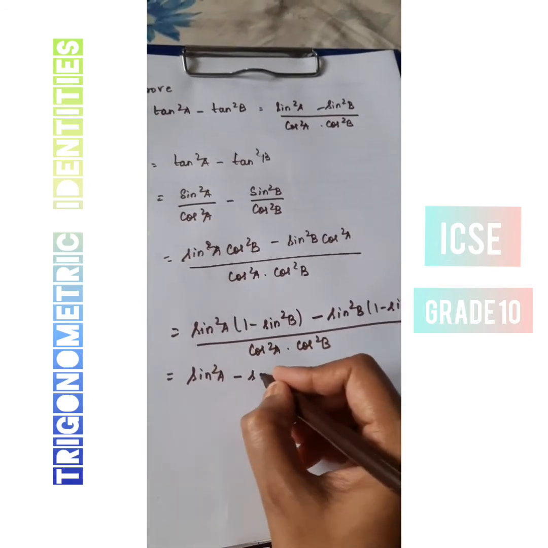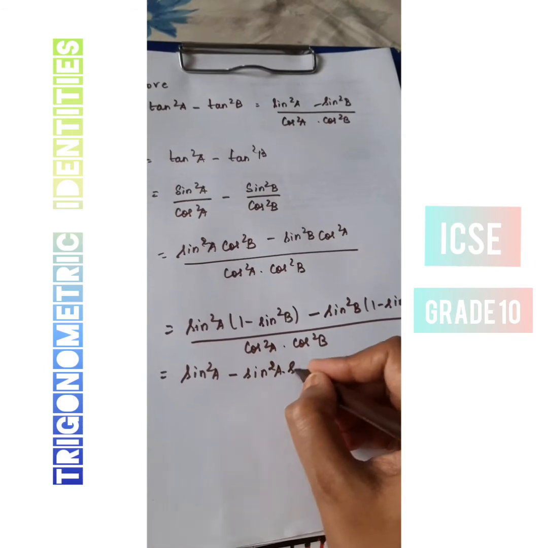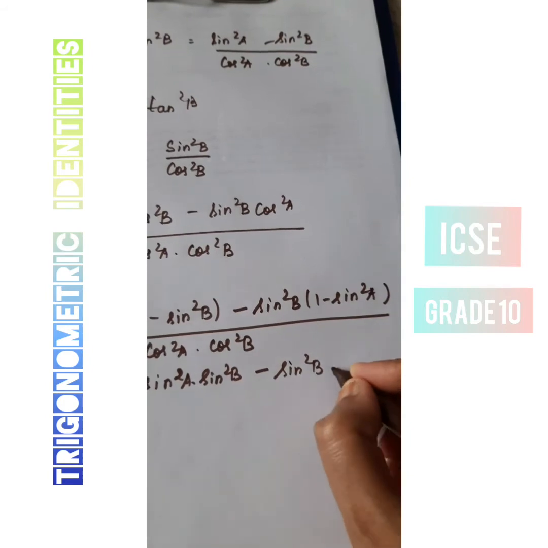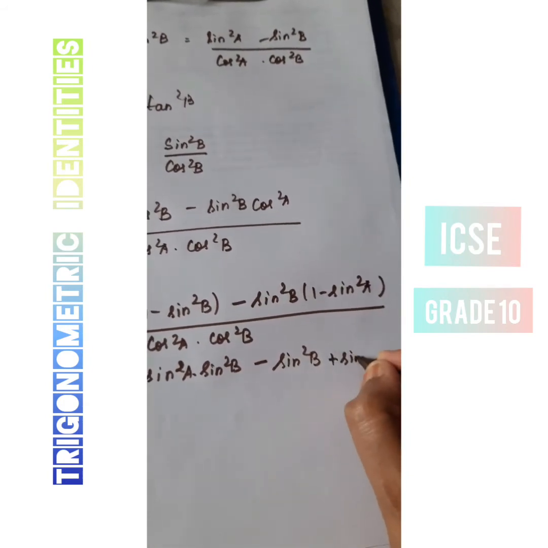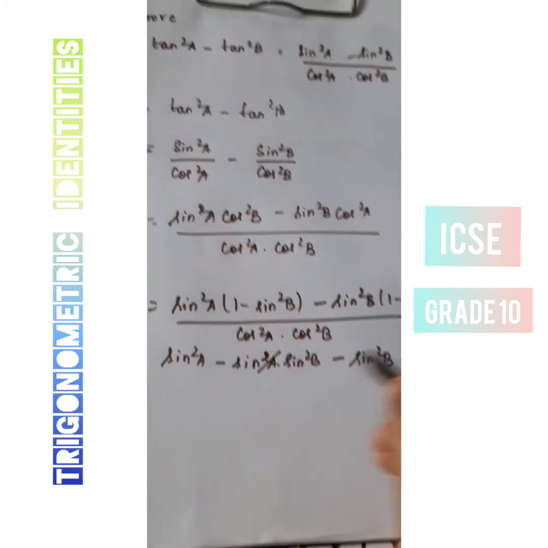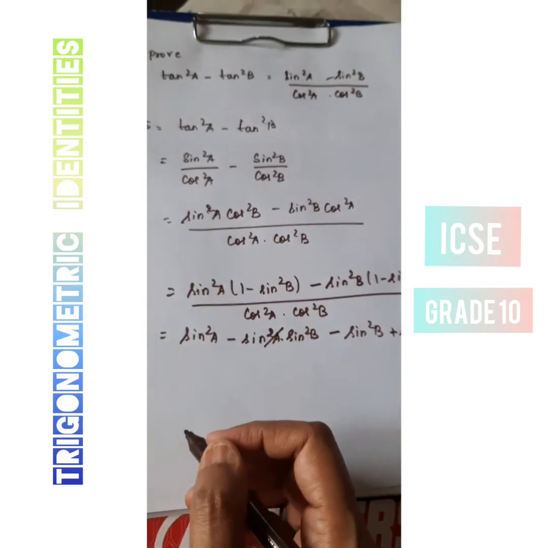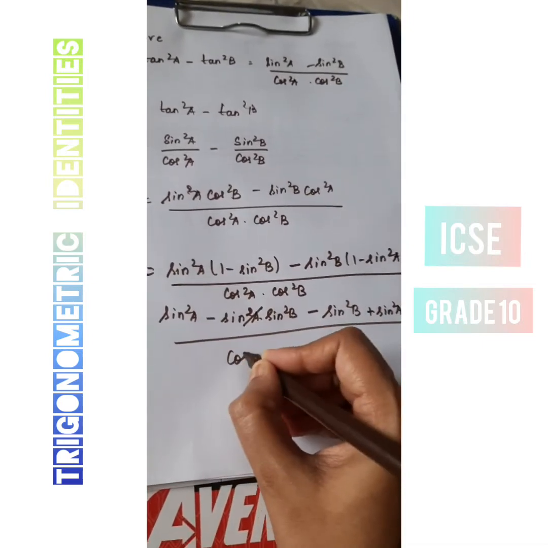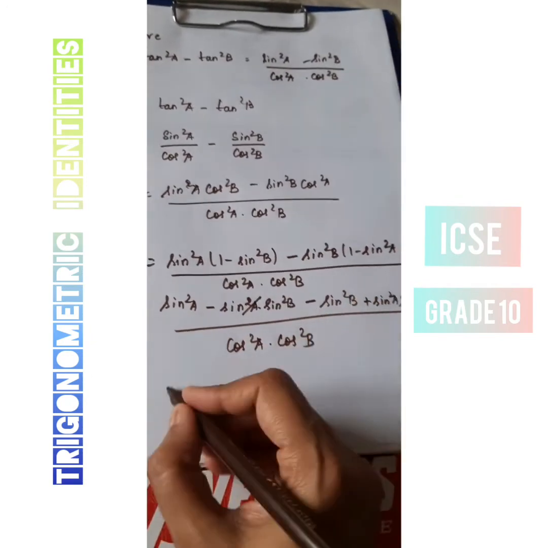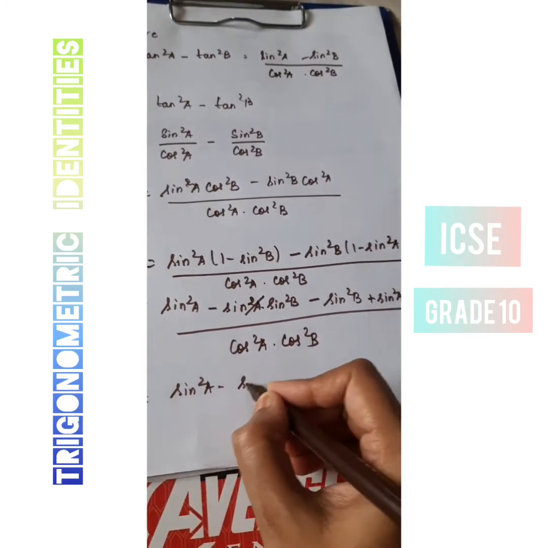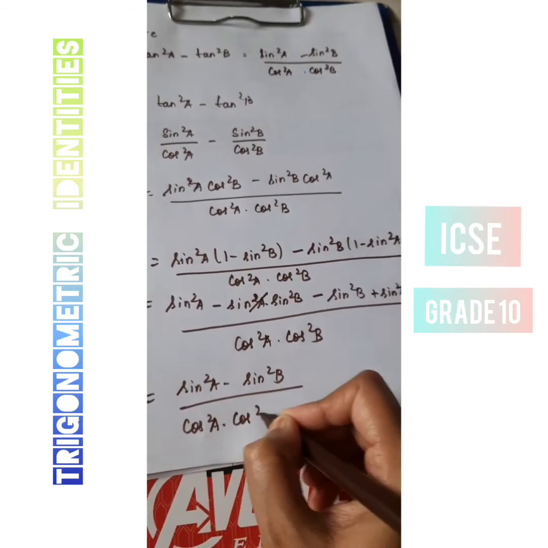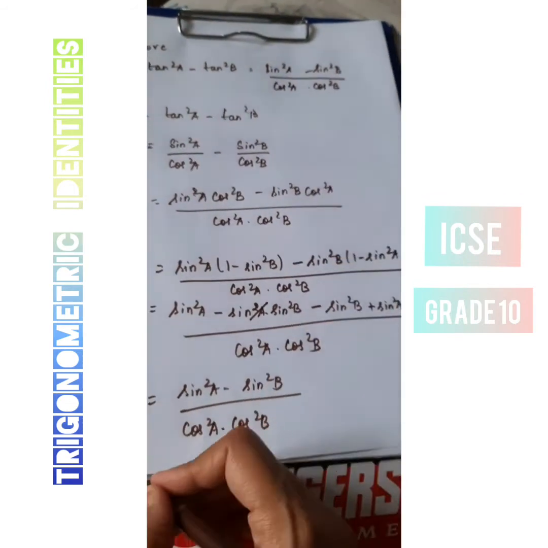So sine square A minus sine square A into sine square B, minus sine square B plus sine square A into sine square B. So these two, minus and plus, go off, and the denominator is the same, cos square A into cos square B. So that is the numerator, sine square A minus sine square B by cos square A into cos square B, which is the RHS, hence proved.